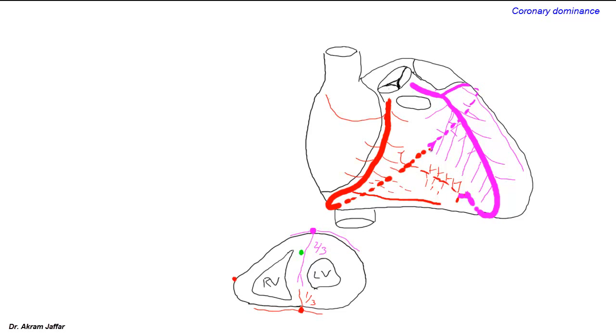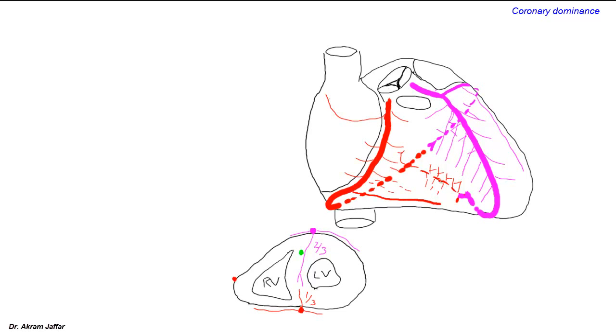Sometimes, in about 1/3 of the cases, the circumflex branch either provides the posterior interventricular artery or provides an accessory branch that runs parallel with the posterior interventricular artery. In about 2/3 of the cases, the posterior interventricular artery is a branch of the right coronary artery, and this is what is called the right dominance.